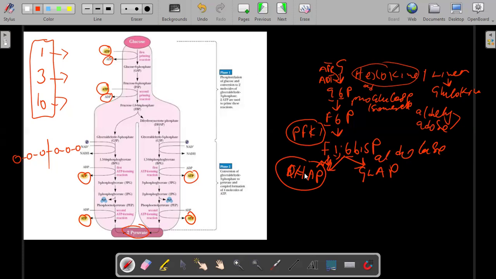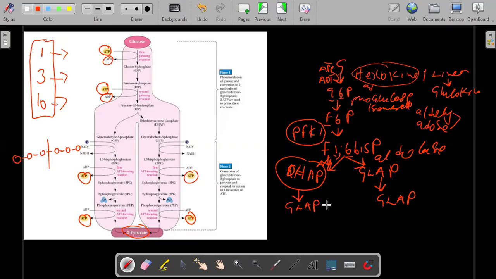So what we need to do is convert this dihydroxyacetone phosphate back to glyceraldehyde phosphate. The glyceraldehyde phosphate which has been formed here will be carried on the way it is. Then this other one we are going to convert to glyceraldehyde phosphate, so we end up having two glyceraldehyde phosphate.